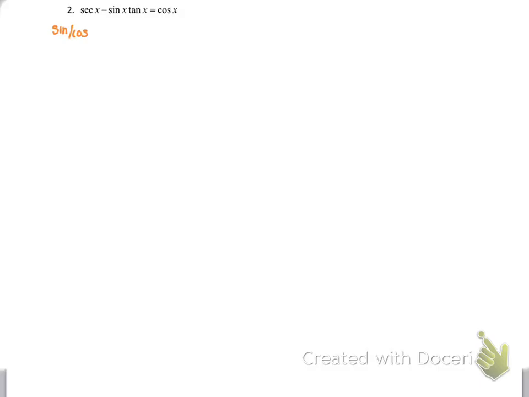And when I do that, I get, so secant's first, which is 1 over cosine of x, minus, and then sine stays sine, but then tangent is going to become sine x over cosine x, all equal to my right-hand side.